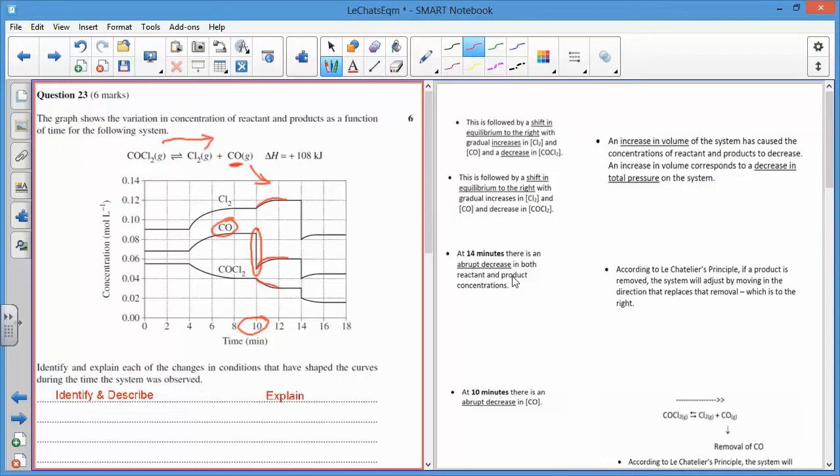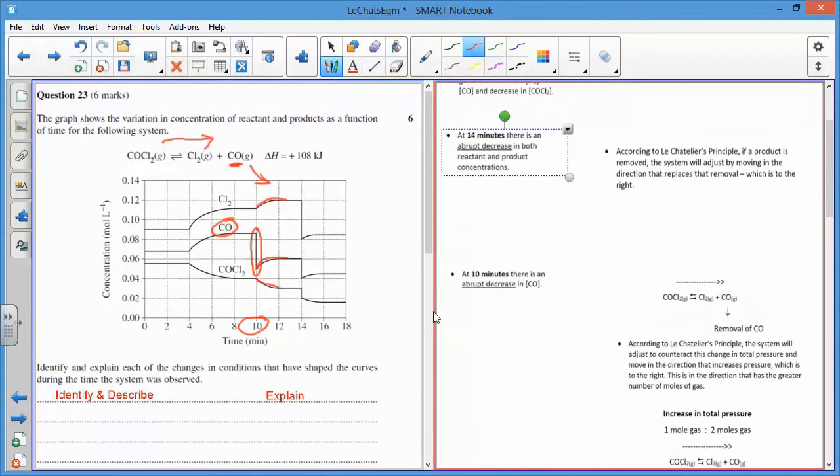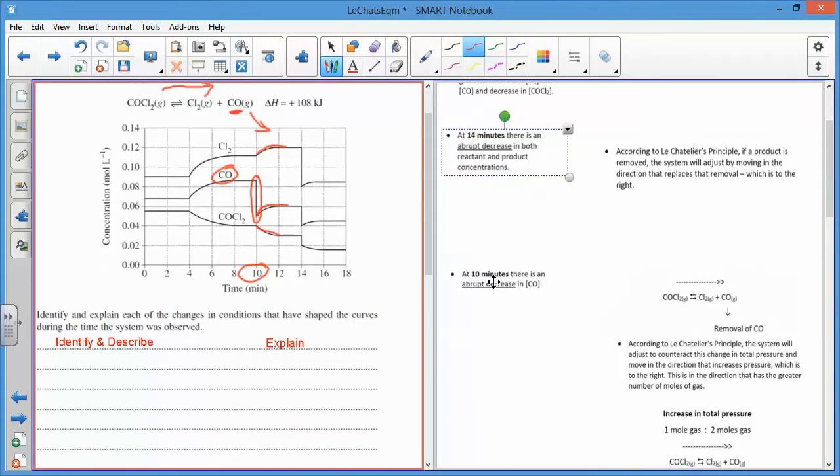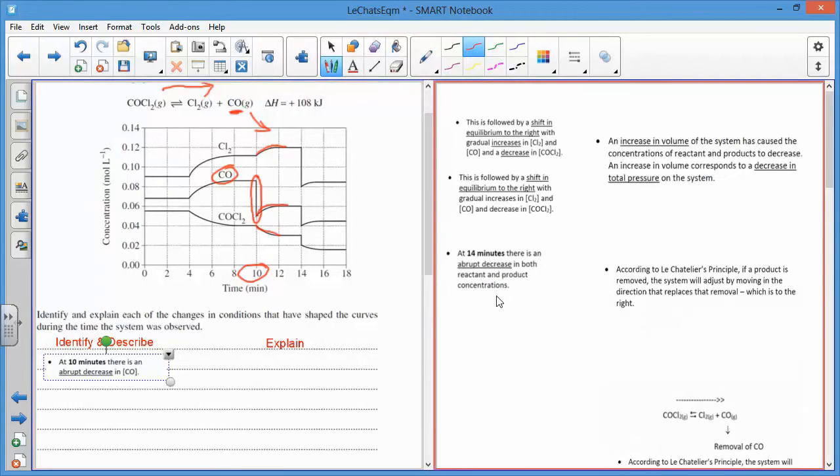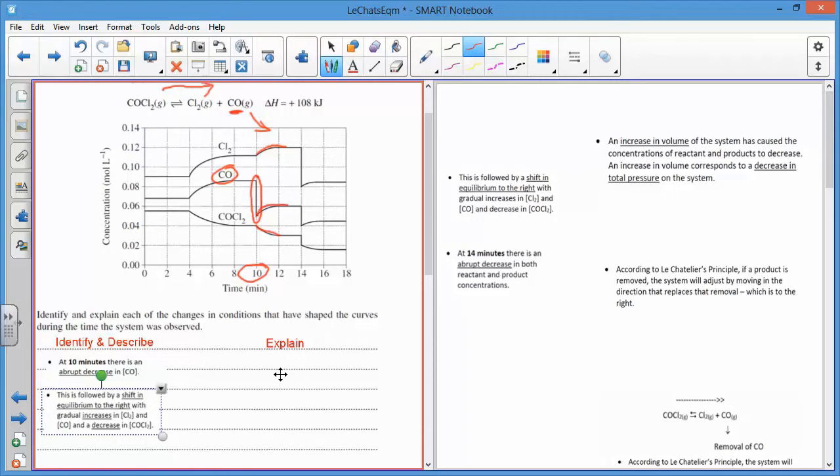So what occurs at 10 minutes? Identifying and describing, there's an abrupt decrease in carbon monoxide. This is followed with a shift in equilibrium to the right. We've got the production of chlorine gas and carbon monoxide.